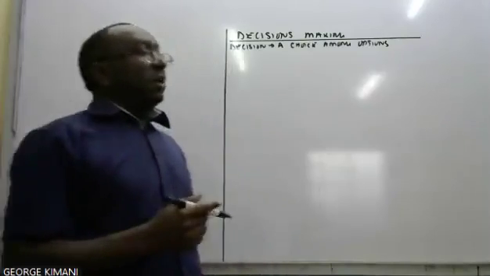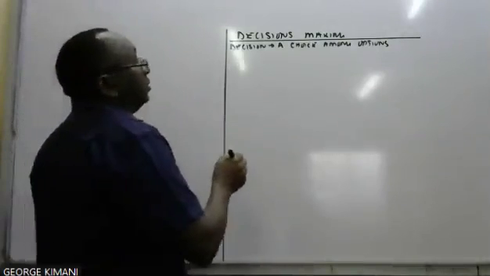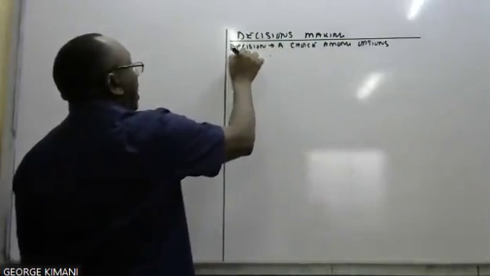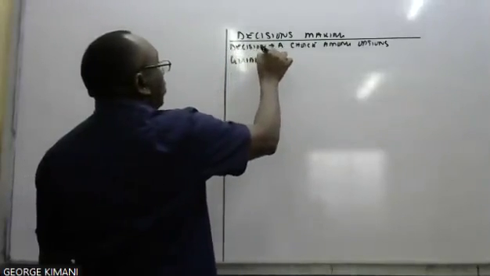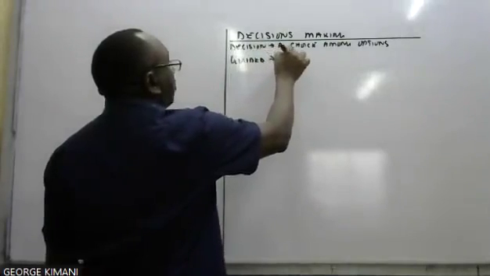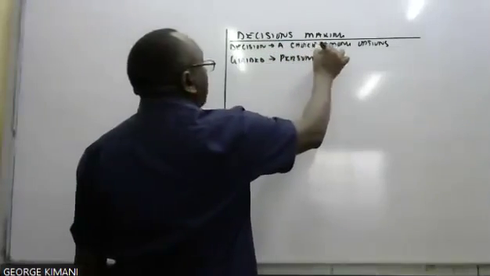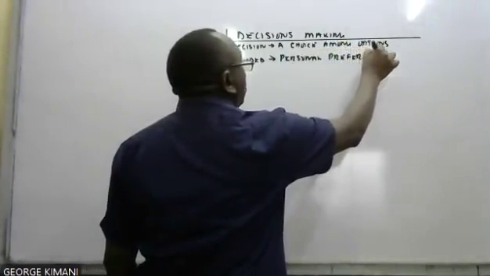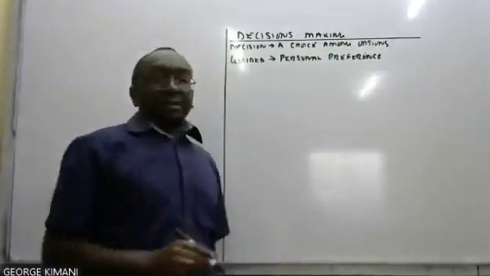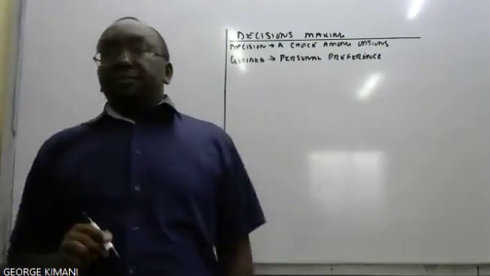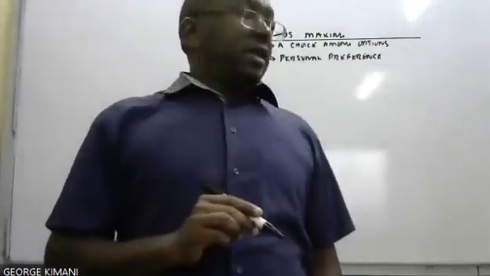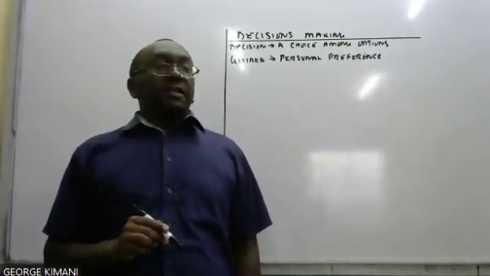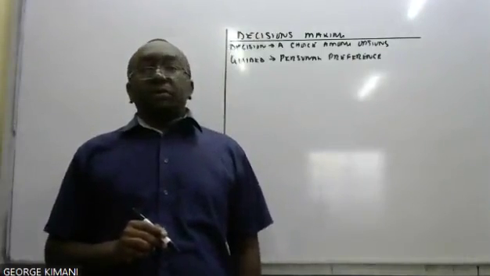That is a decision. Now, in making a decision, we are guided by two things. One, there is what we call personal preference. Personal preference is what you desire as a person. It is what makes you happy. It is your opinion. Like this morning, if you look around this room, we are all dressed in different colors or different types of clothes.